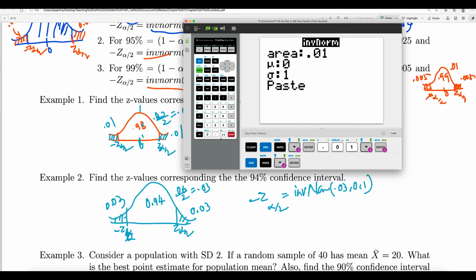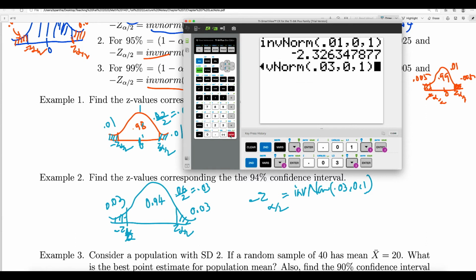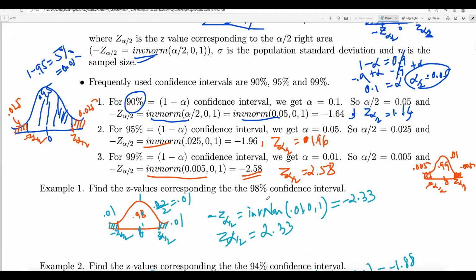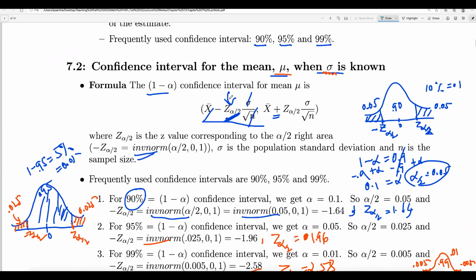The left area is 0.03, mu equals 0, sigma is 1, paste. You get negative 1.88, so negative z alpha half is negative 1.88 and positive z alpha half will be positive 1.88. This is how you find the z values in the formula of the confidence interval of the mean when sigma is given.